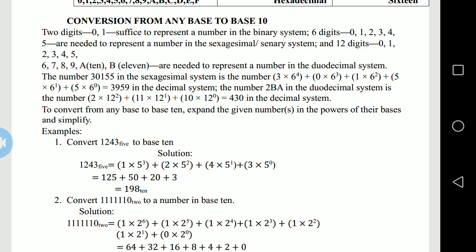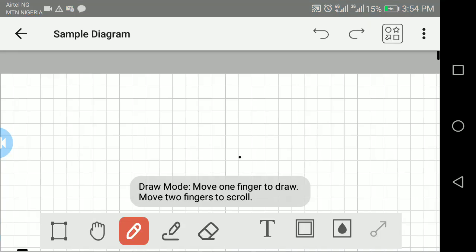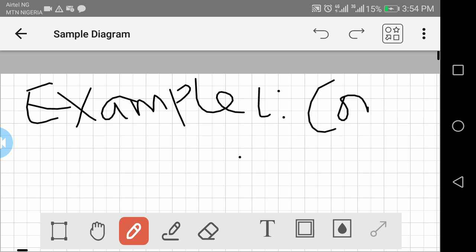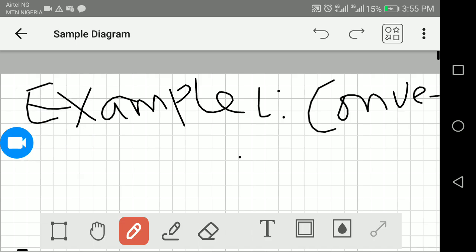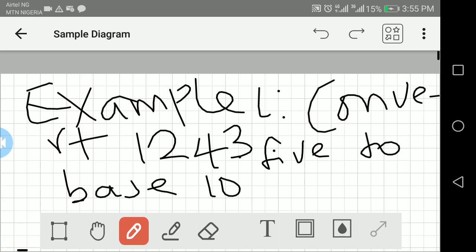So let's go to our board. Example 1. Convert 1243 base 5 to base 10. Please take the question.